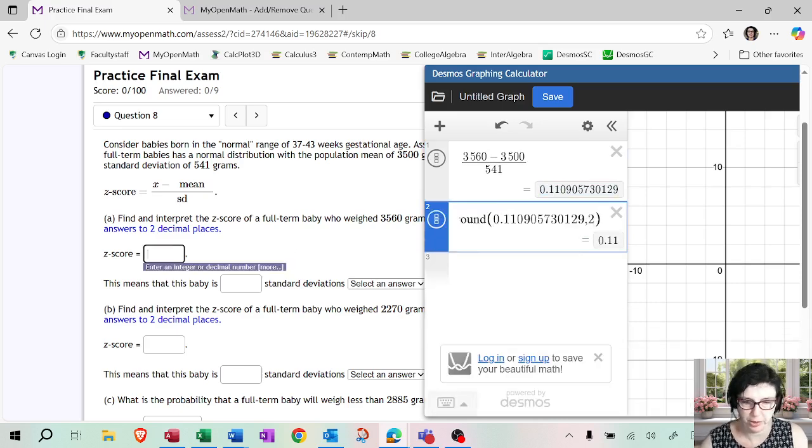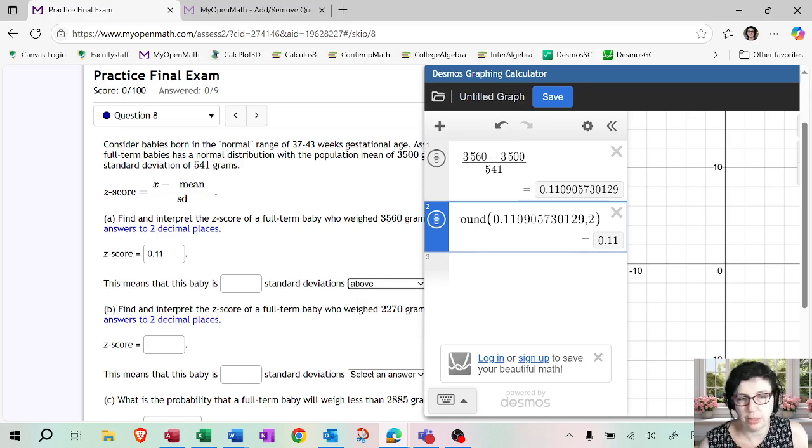So that's 0.11. And the z-score tells you how many standard deviations this individual is to the right or to the left of the mean. If the z-score is positive, then the value is larger than the mean. You can also tell by that 3,560 is larger than 3,500, so you already know that this is going to be above.